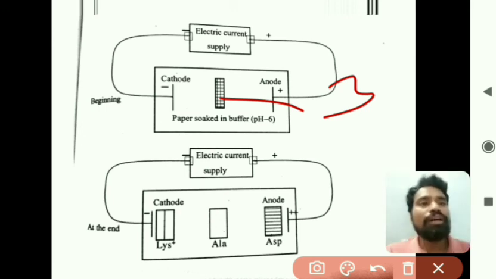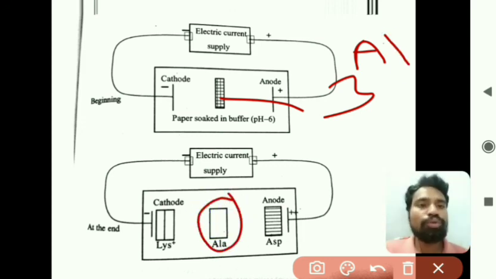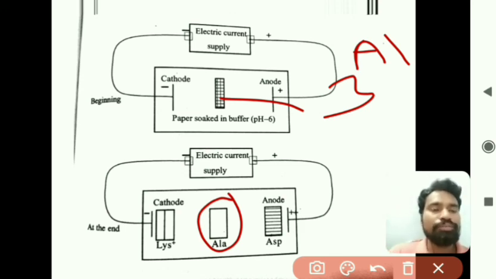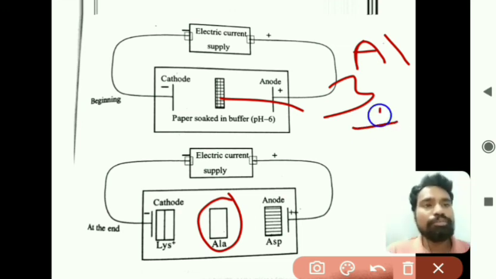Here alanine is dipolar in nature, hence alanine will not move towards either anode or cathode because it is in the dipolar form. It is in the form of a zwitterion, both minus and plus charge are there. In the case of lysine, it is existing as a cation, so positive charge.